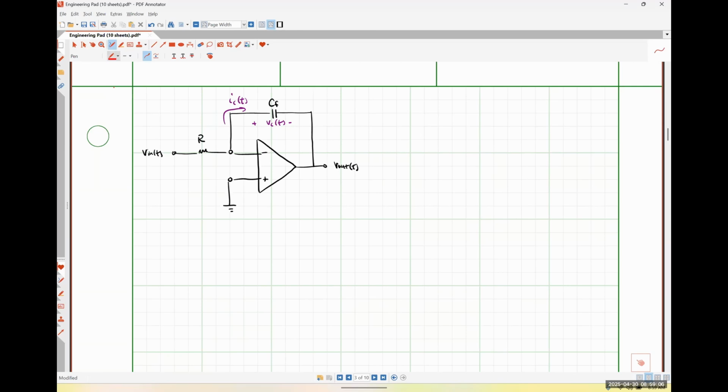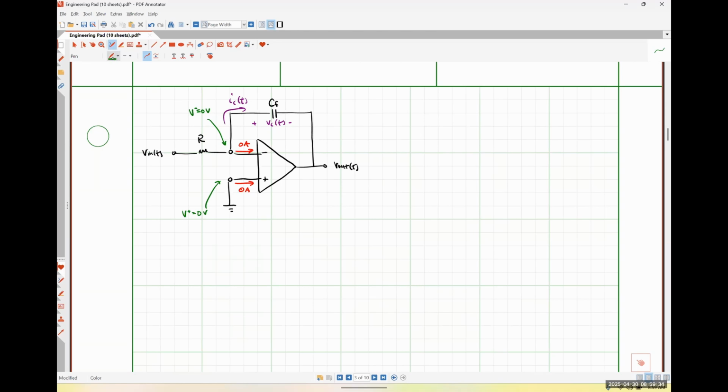We know that we have 0 amps of current flowing into our input nodes. We can see very easily that the voltage present at our non-inverting input node is 0 volts, which means the voltage present at our inverting input node must also be 0 volts. Sorry, I think I said 0 amps a moment ago, but it's obviously volts.